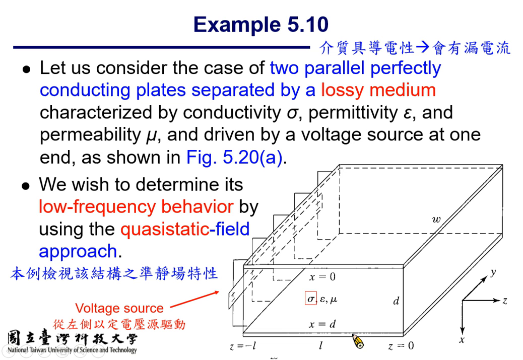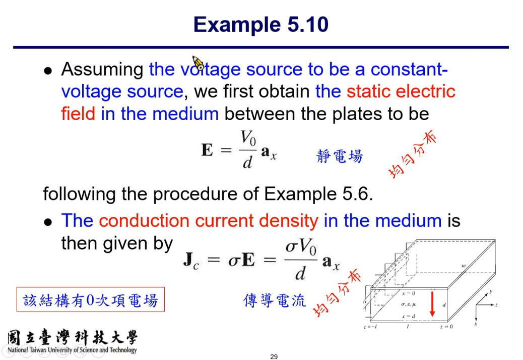You not only build up a voltage difference between the two plates, you will also produce a current between the two plates. And of course, in most cases, the conductivity sigma is not a large number. So the current produced within these two plates is not large, but it's there anyway. So we must account for its effect in this problem.